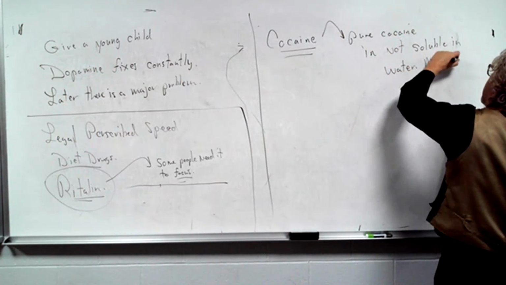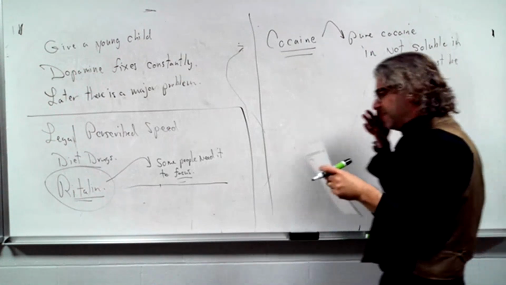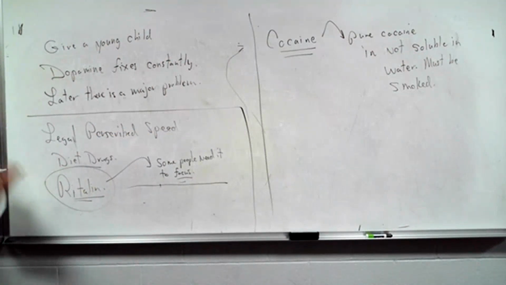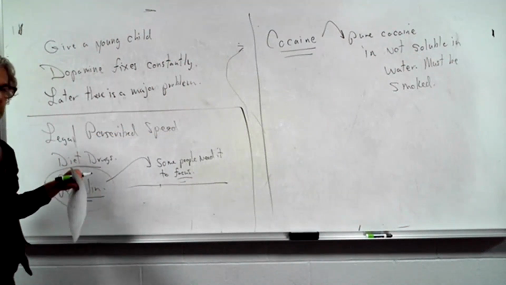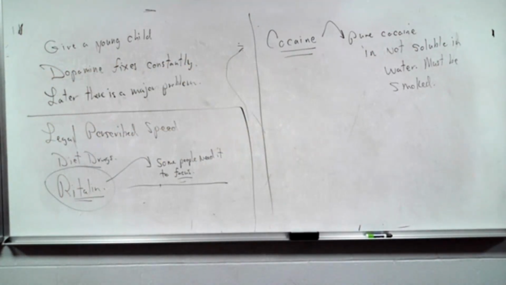Must be smoked. You can absorb things through your lungs if you smoke it, but you can't snort it if it isn't soluble in water. Now, the part of cocaine, I'm going to draw a molecule here for you.